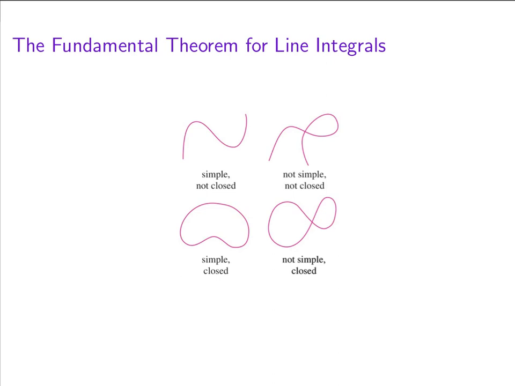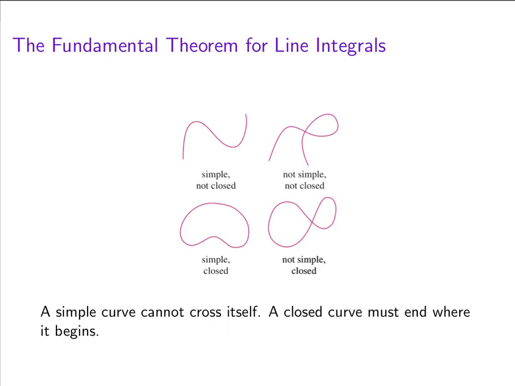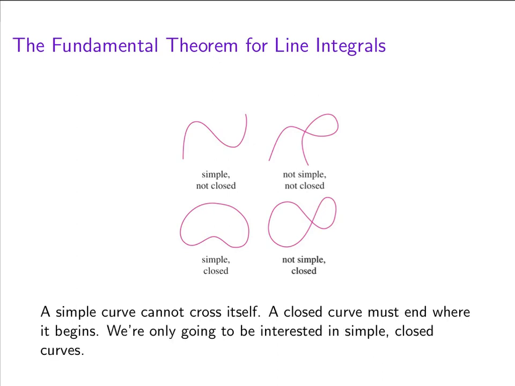And what we care about are simple closed curves. So here's the ones that we want. A simple curve can't cross itself. A closed curve must end where it begins. So we're only going to care about simple closed curves.